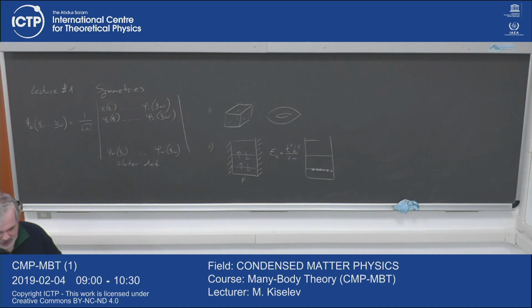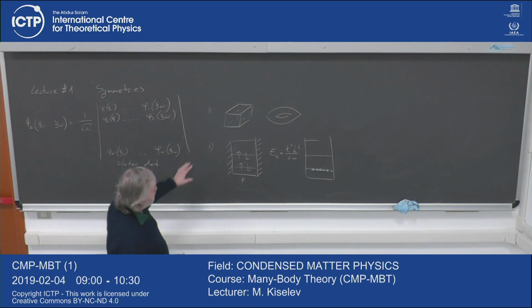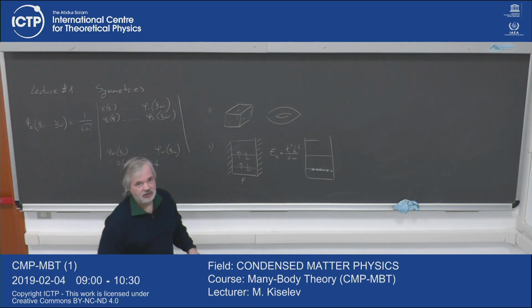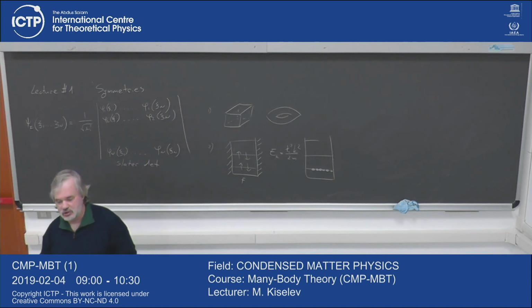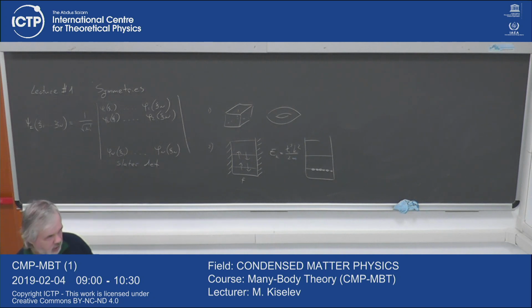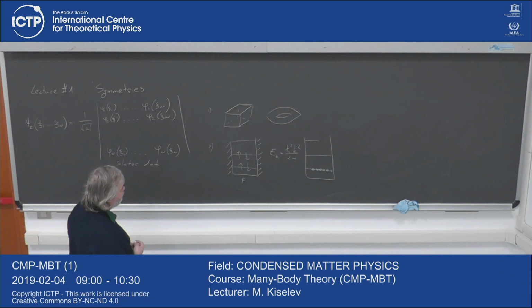So whenever I will be speaking about non-interacting particles, I will either speak in the language of a box or in the language of the quantum well, whenever it is appropriate for me.